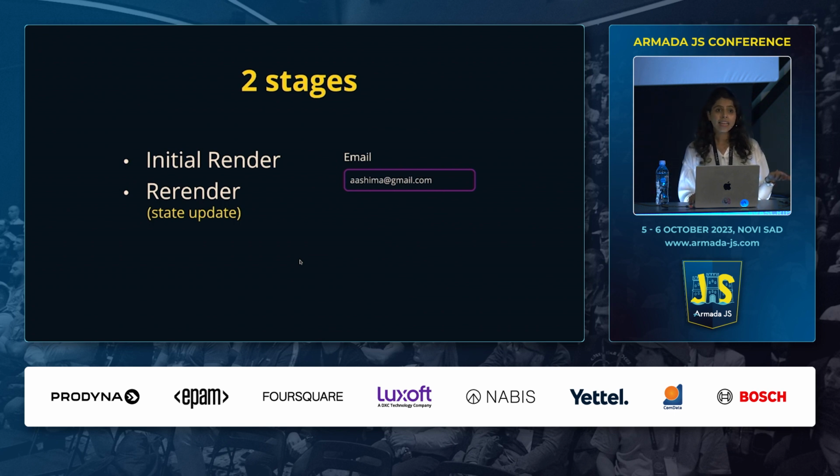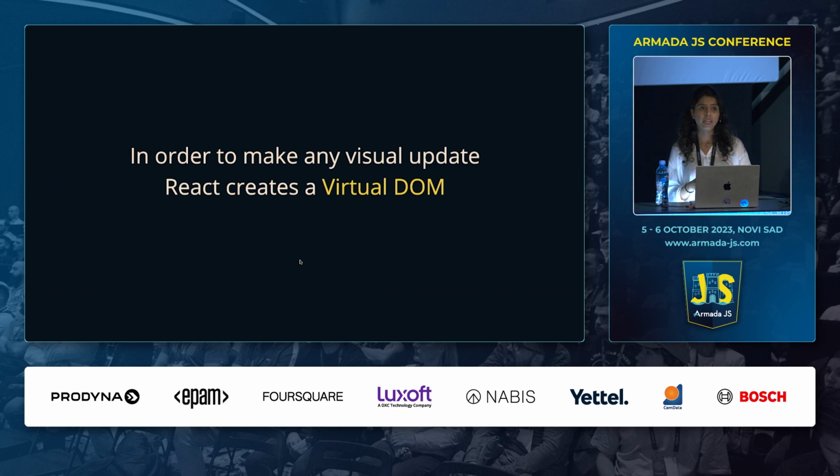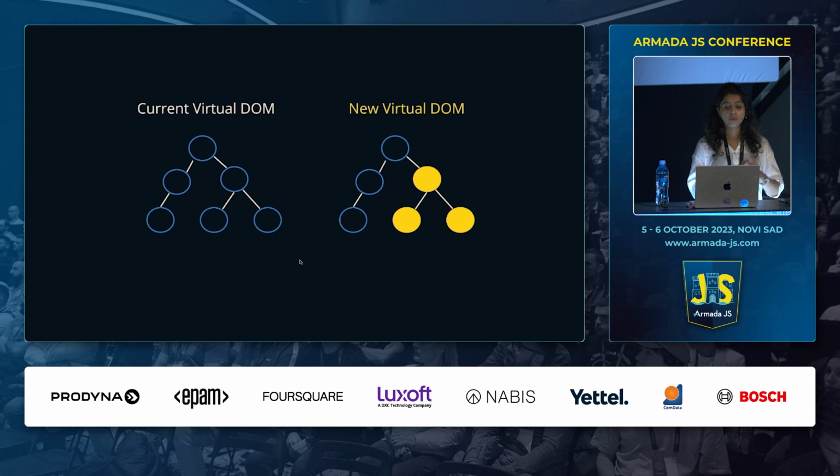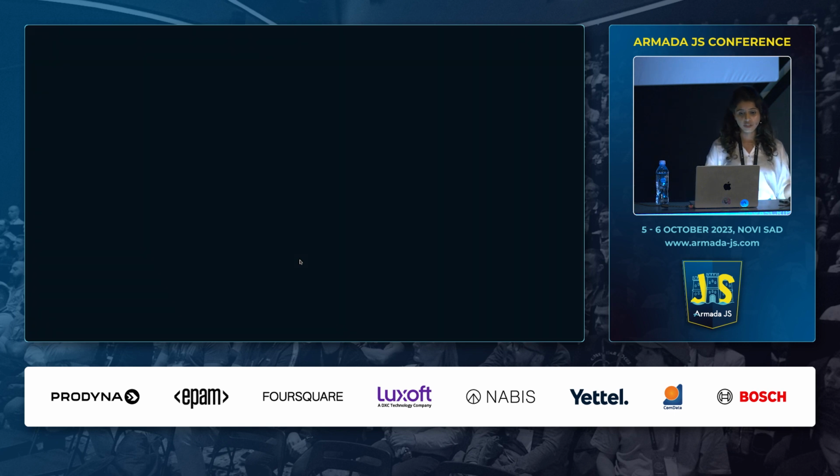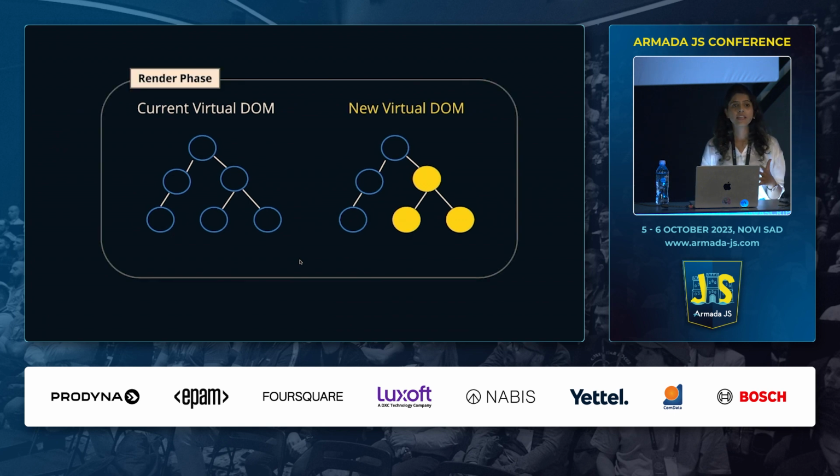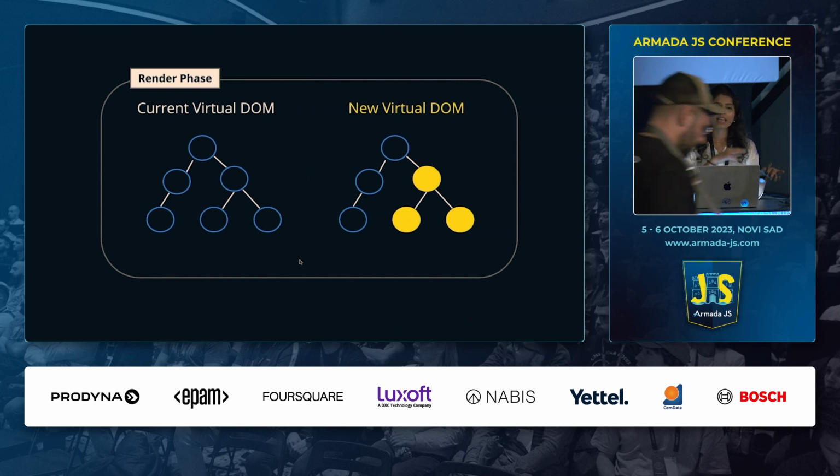Now, whenever React has to show any visual update, it creates a virtual DOM. In the virtual DOM, React will do all the changes related to state, and this happens in the render stage. This render phase is very important, because in this phase, React builds the virtual DOM, makes changes to it, and computes what has changed from the original DOM.